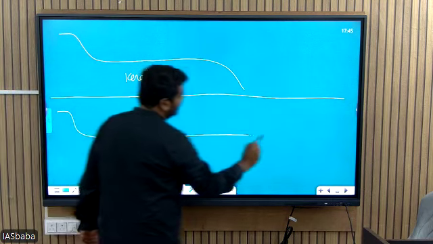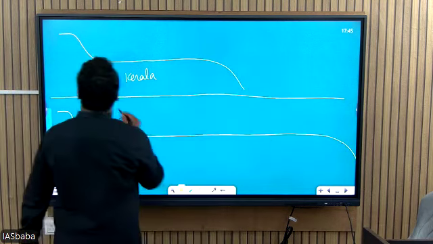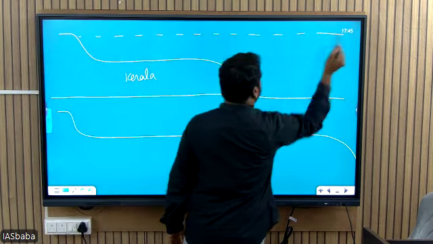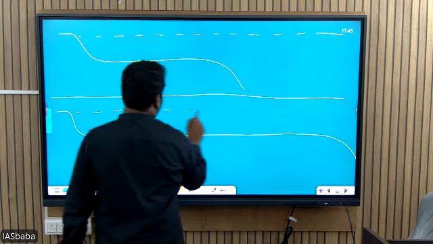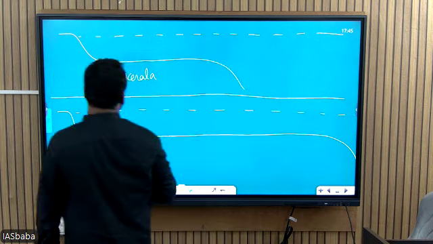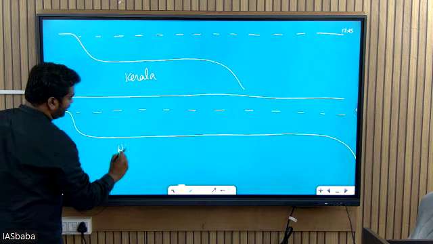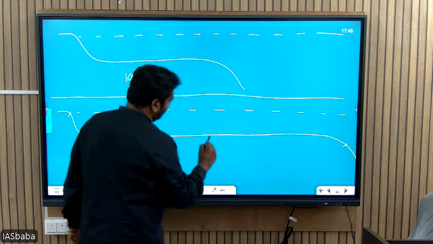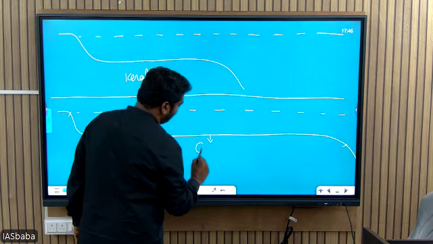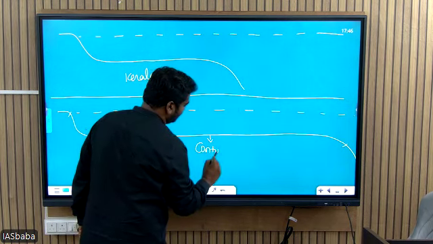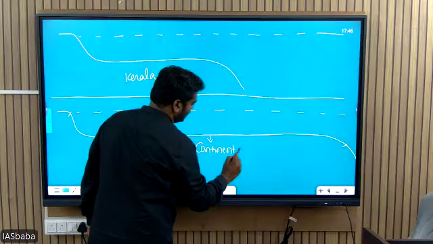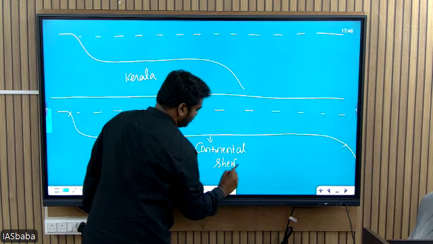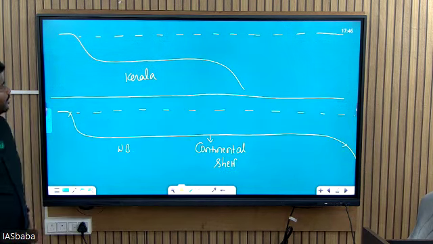Let me take the West Bengal region. So, if this is water, this area is basically called the continental shelf.